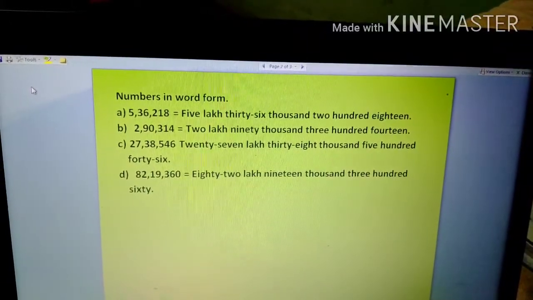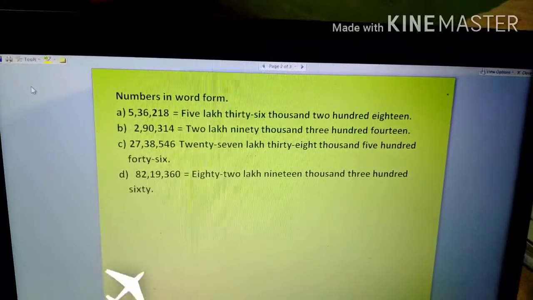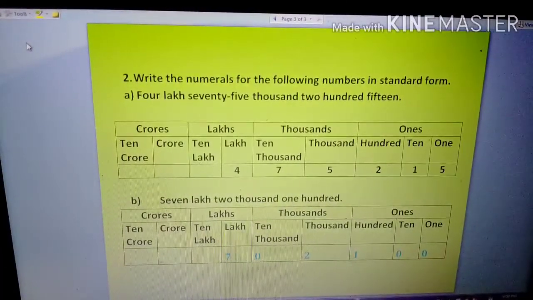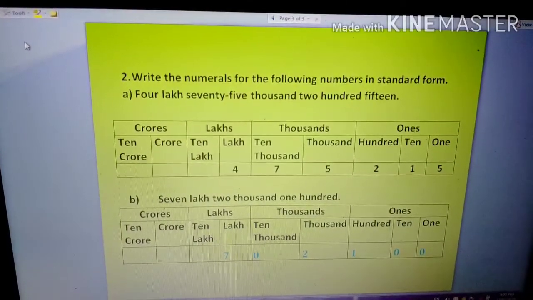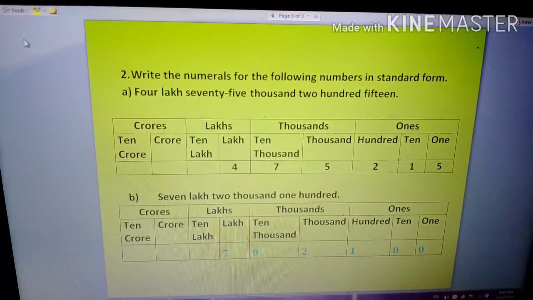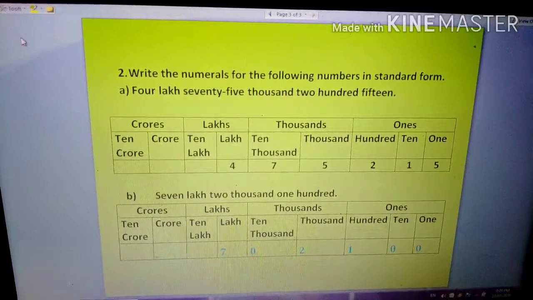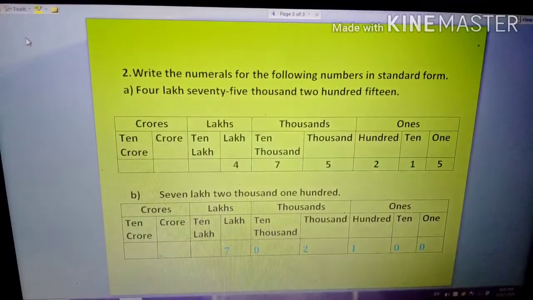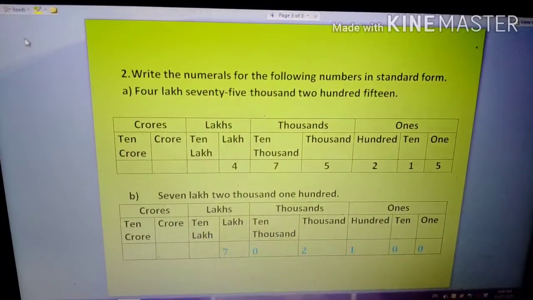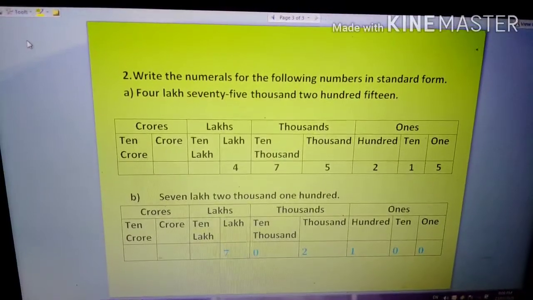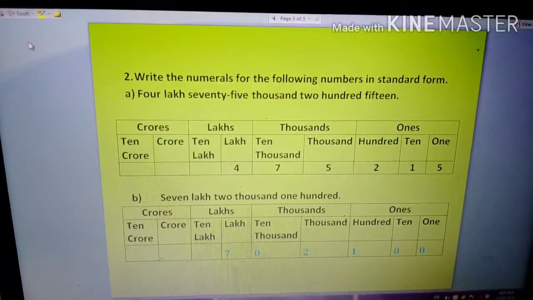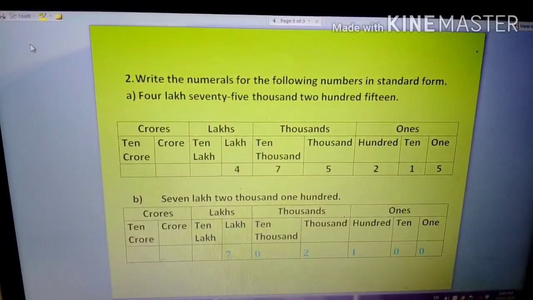Now, we see question 2. Question 2 is: write the numerals for the following numbers in standard form. Firstly, we read A, 4,75,215.